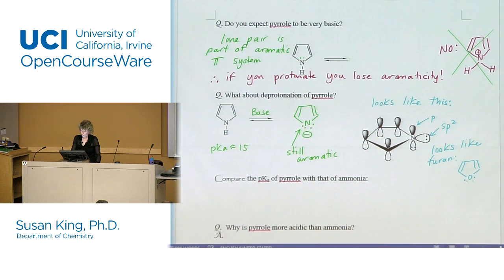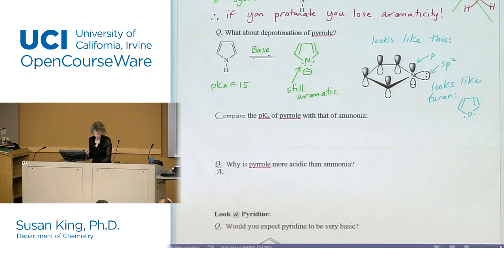All right, so let's compare the pKa of pyrrole with that of ammonia. We do the same thing with ammonia. And let's compare that with deprotonating pyrrole. This one actually has a pKa of 36.